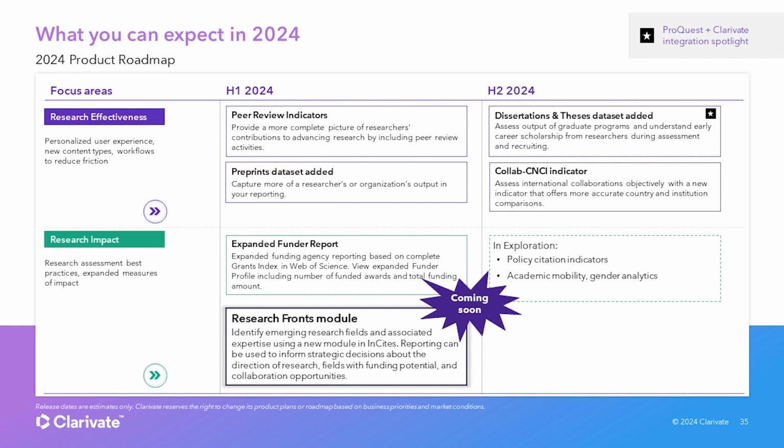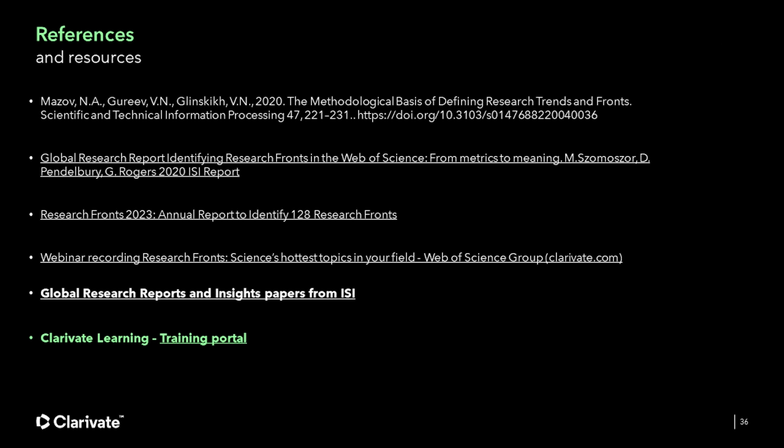So I referred to many different resources during the presentation. Some resources that you can look at: how to define the method to define research trends and fronts, the global research report that I mentioned, From Metrics to Meaning when it comes to research fronts in the Web of Science, the Research Fronts 2023 annual report done in partnership with the Chinese Academy of Science.